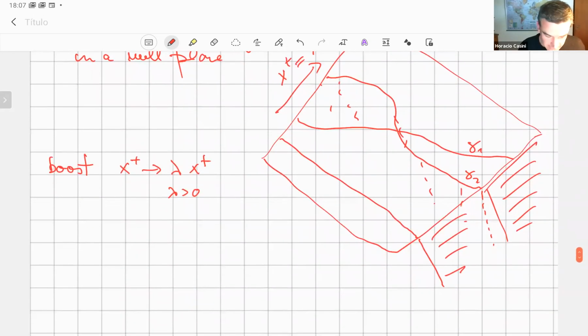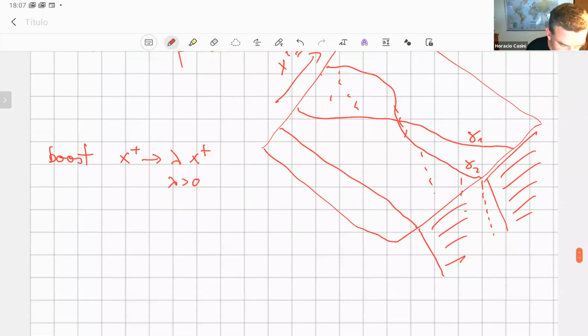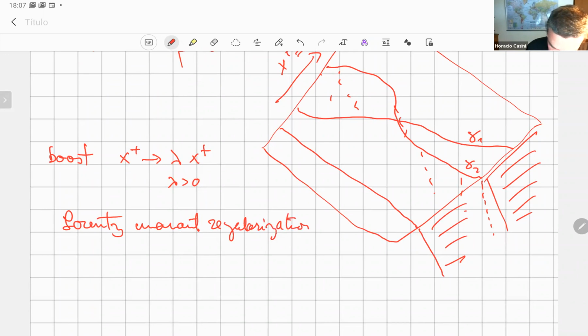And then, if you think that you have a regularization that is invariant under Lorentz transformation, your entropy of gamma will be equal to entropy of lambda gamma.